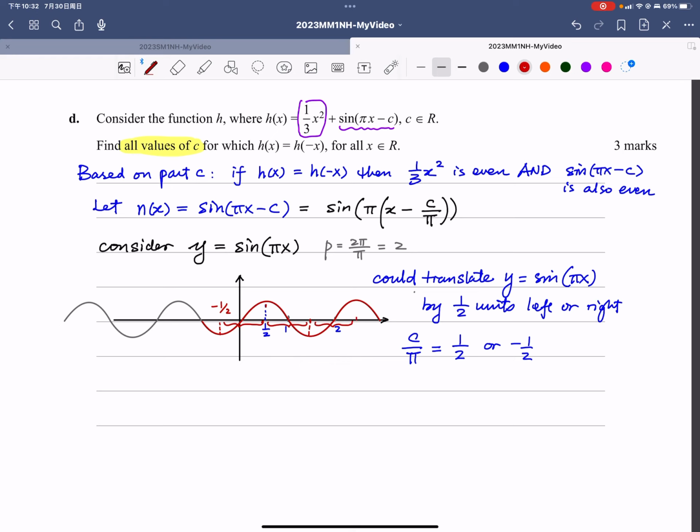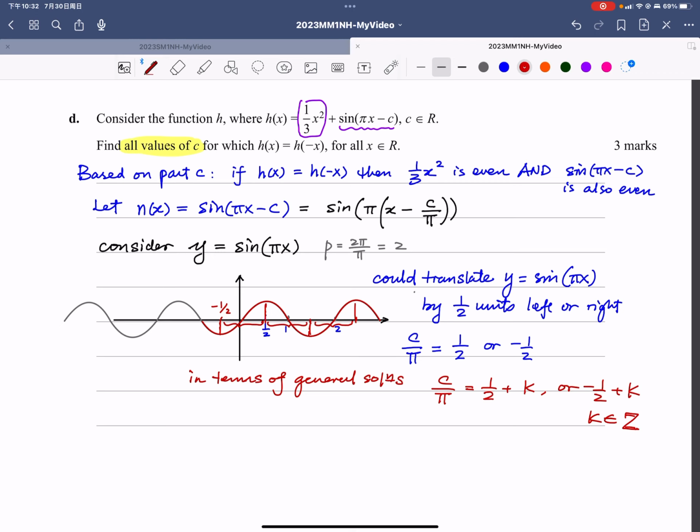In terms of general solutions, I could say c over pi equals half plus k, or minus half plus k, where k is any integer, from here to here to here.